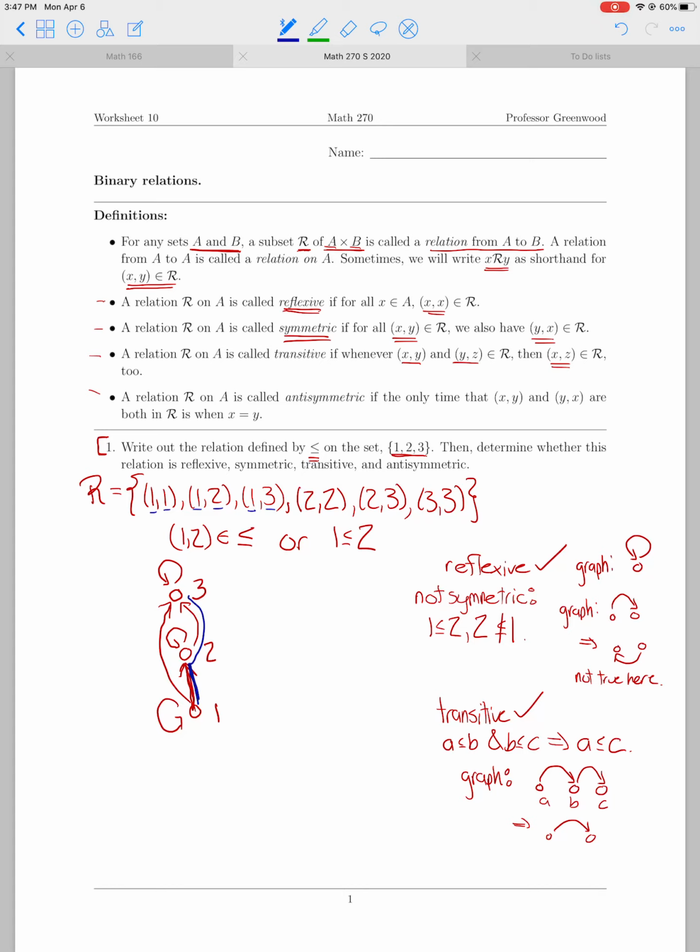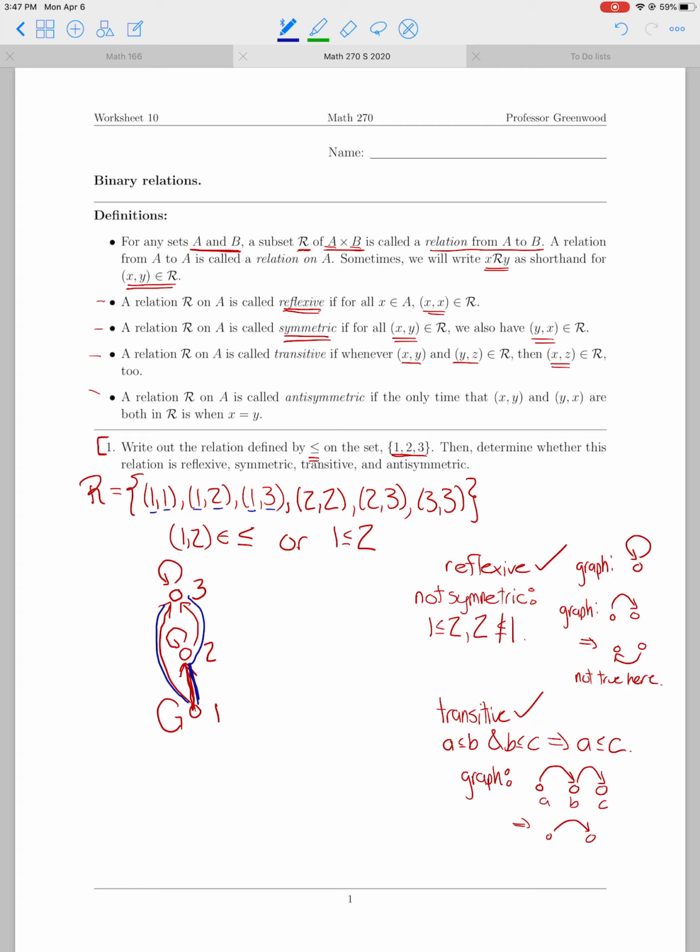And you can see that indeed I also have the direct jump from 1 to 3. And so the transitivity condition is met here in this case. One weird thing about transitivity is that A, B, and C are allowed to be duplicates in the definition. That's okay. You'll see some examples later on where that's important.